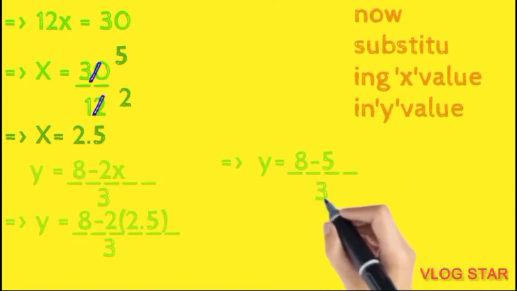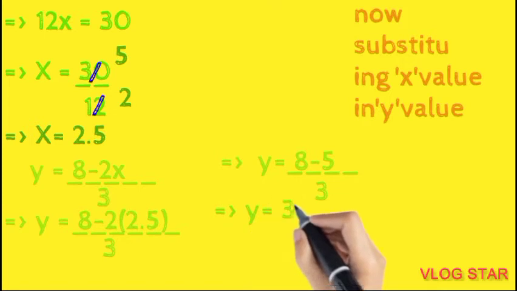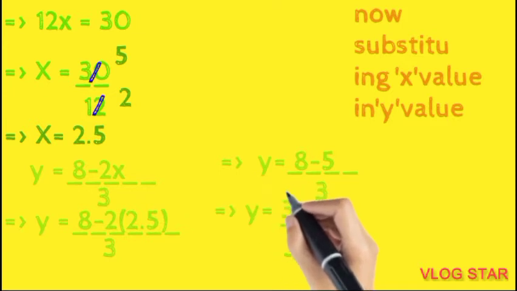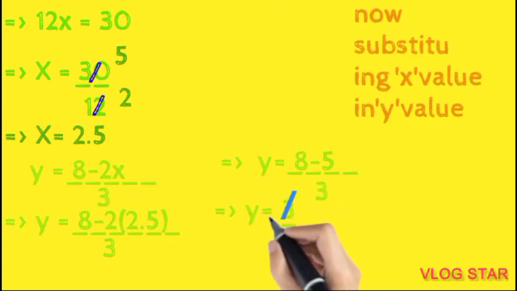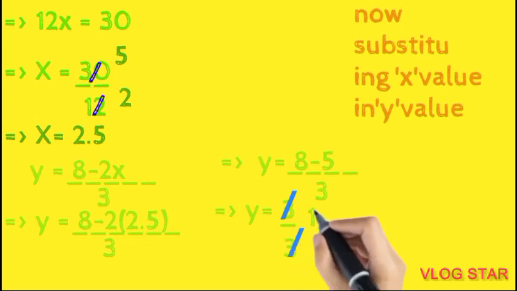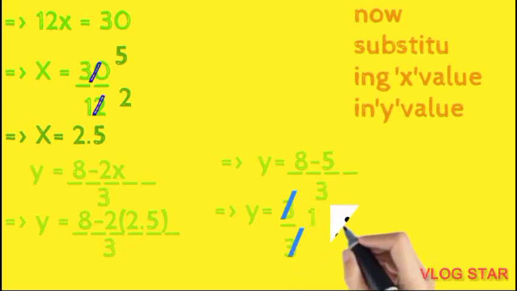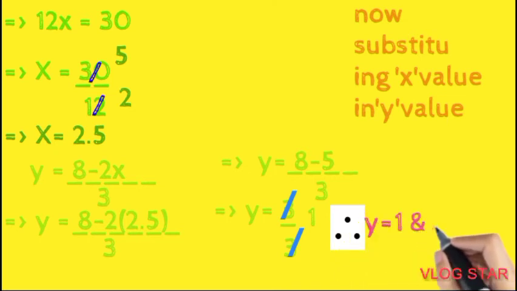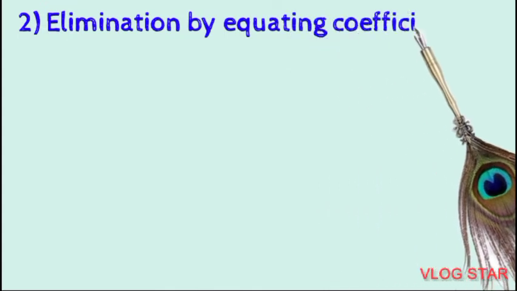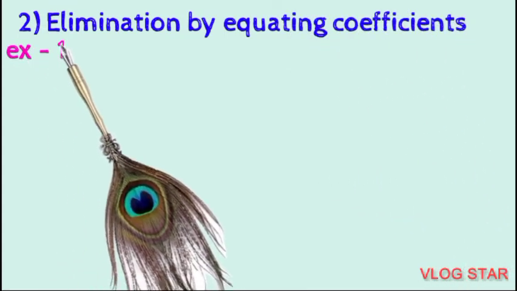That implies y equal to 3 by 3, that implies y equal to 1. So therefore y equal to 1 and x equal to 2.5. Let's go into the method of elimination by equating coefficients.